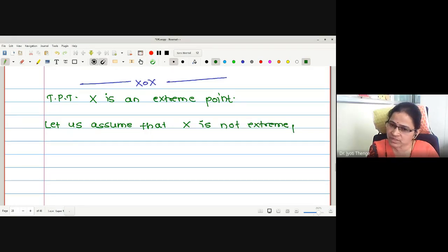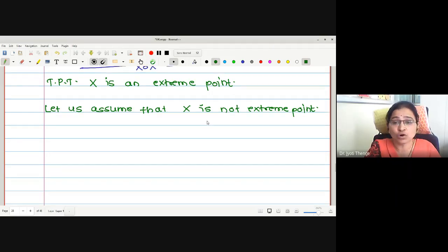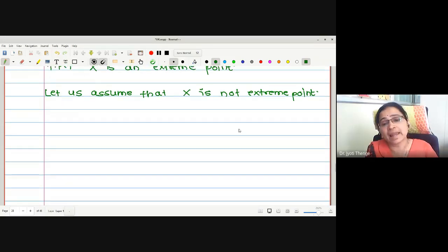What do we mean by X is not an extreme point? Whenever we say that it's an extreme point, then it cannot be expressed as a convex combination of two vectors. Now here I am saying not extreme, meaning X can be expressed as the convex combination of two distinct points. Correct? It can lie between two points of the feasible region.